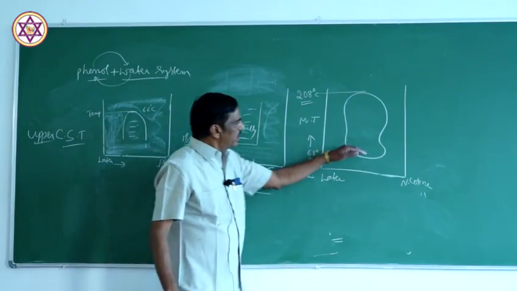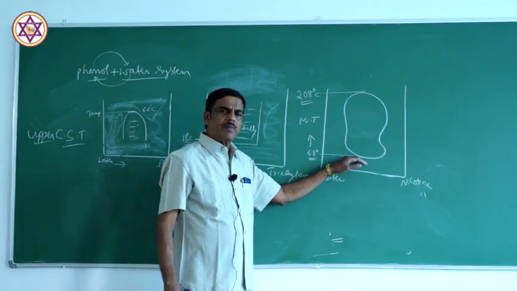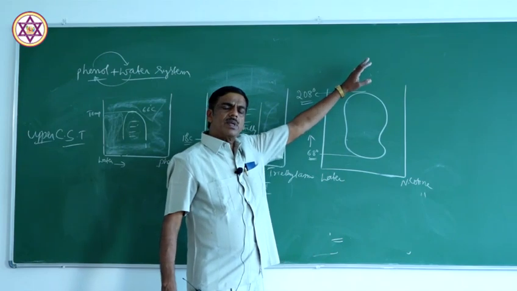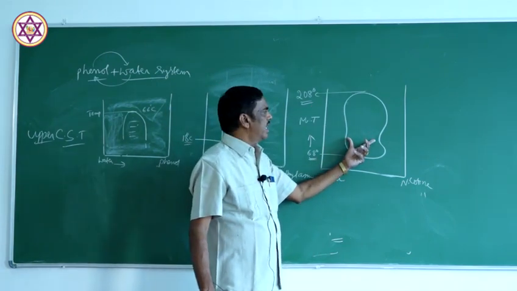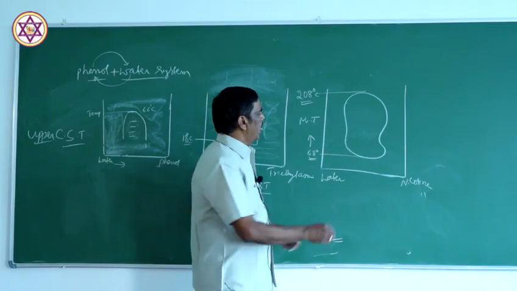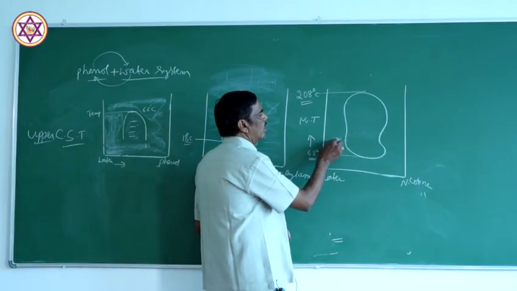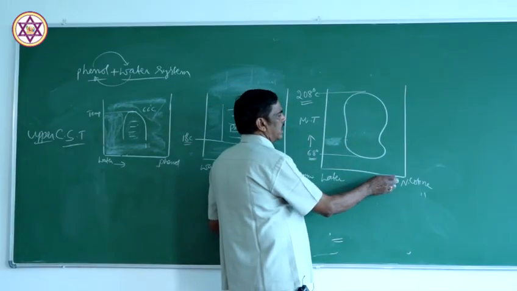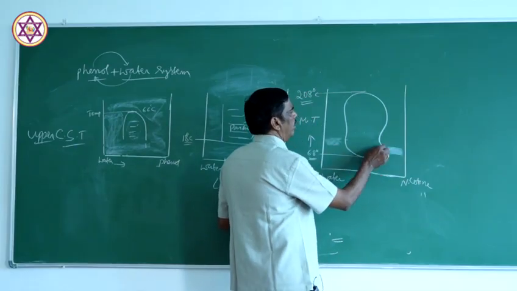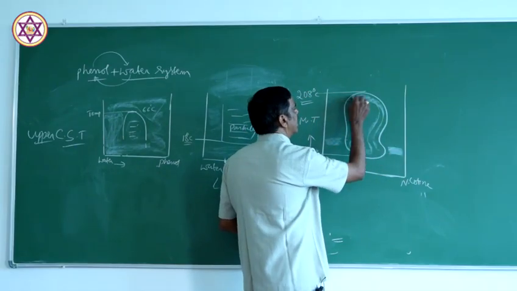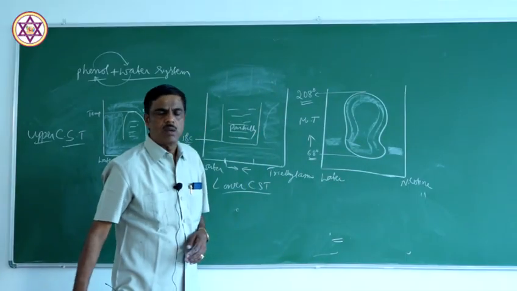See, below 68 degrees it is soluble in all proportions. Above 208 degrees, both of them are soluble in all proportions. But within this region, they are partially soluble. Even when the water is more, nicotine is less soluble, or when nicotine is more, water is less soluble. But in this region, it is partially soluble.